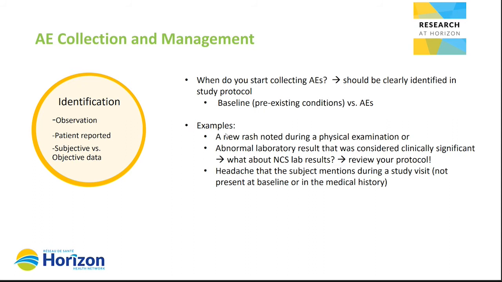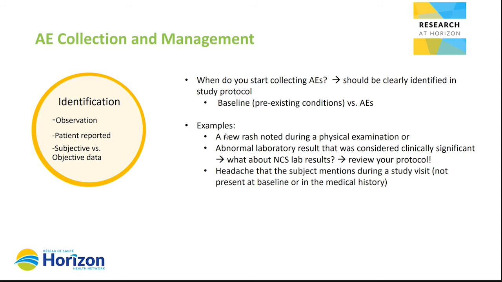Examples of observed AEs could include a new rash that was noted during a physical examination, or an abnormal laboratory result that was considered clinically significant. It could be a headache that the patient mentions during a study visit, which was not present at baseline or during the medical history interview.